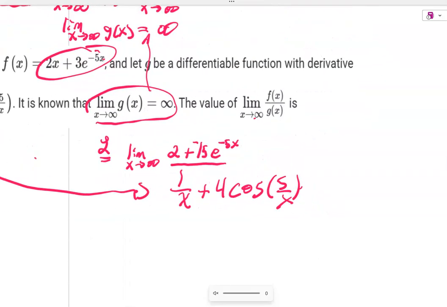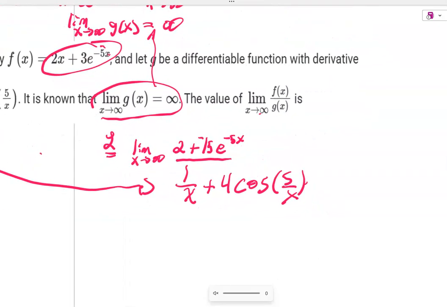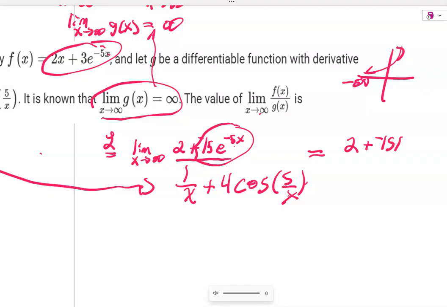So what did I just do? I had f prime up on top. I've got the g prime down below. Well, we just talked about how to use the graph of e to the x to help us out with this limit. E to something towards a negative infinity, this thing's going to be going to 0. Negative 15 times 0 is just going to wipe out, and it's just going to be a 2.